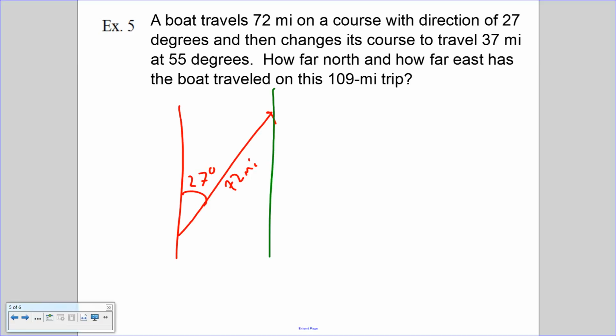Its course travels 37 miles at 55 degrees. The question is, how far east and how far north did the train travel?